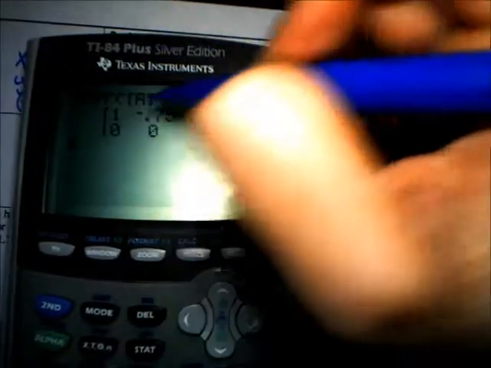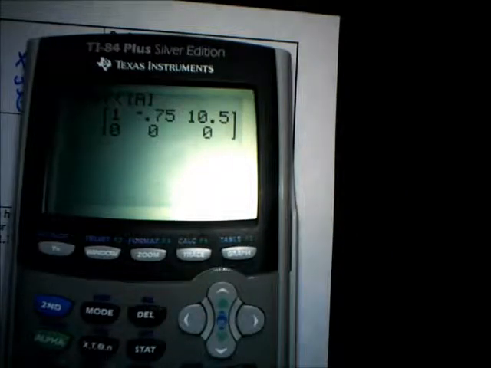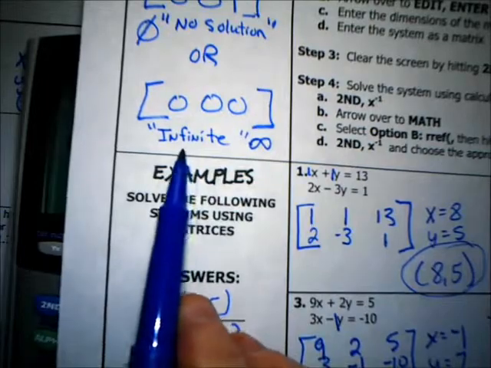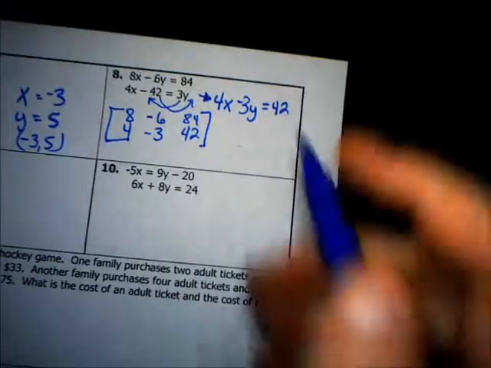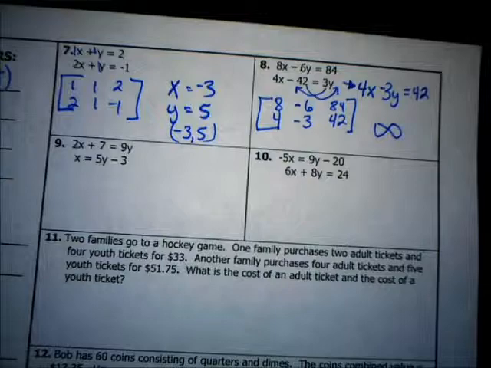And now I have decimals, but look at the second row, 0, 0, 0. When I had 0, 0, 0, that meant that these were identical, and we have an infinite number of solutions. So this should be the infinity symbol for this problem.